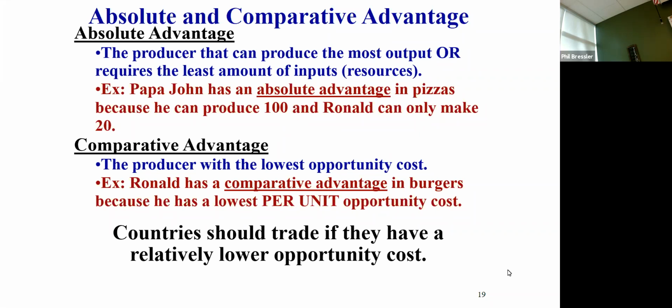Comparative advantage is the producer with the lowest opportunity cost. You want to specialize and export the thing you have the comparative advantage in. Remember, you can only have the comparative advantage in one thing, not both.